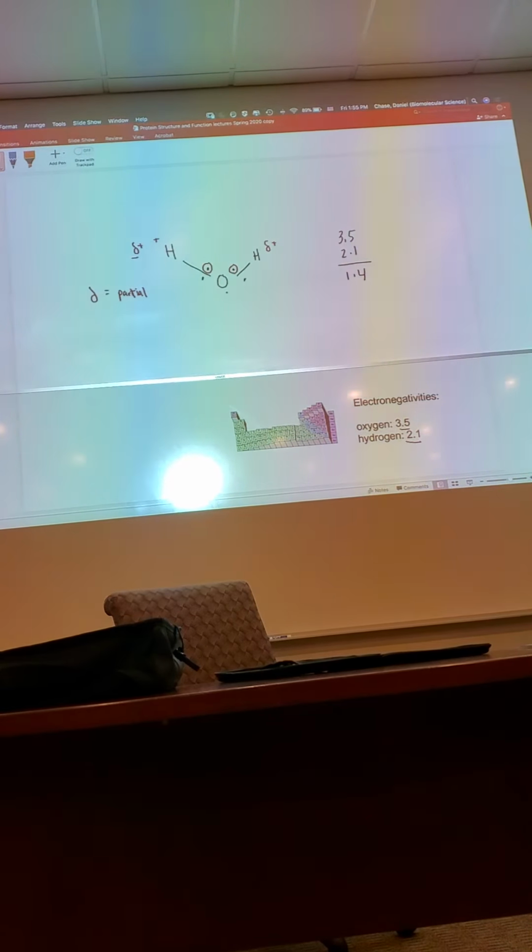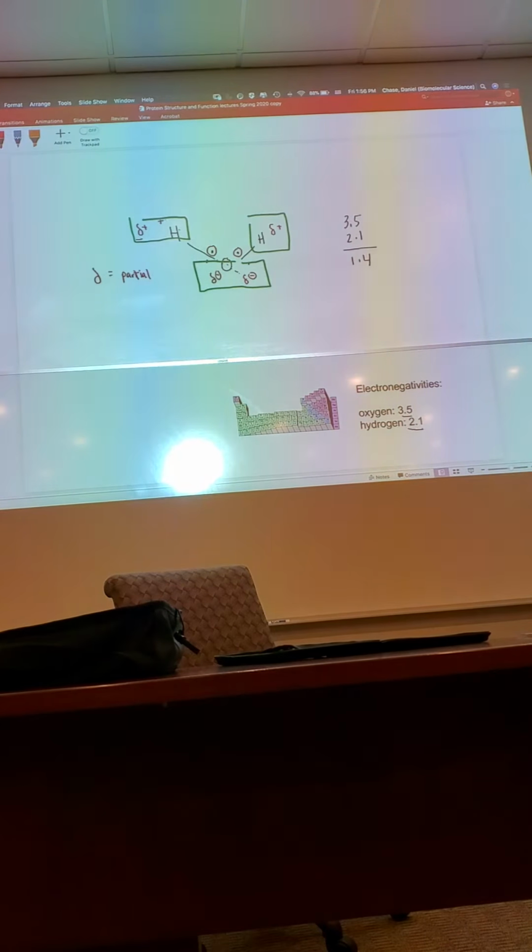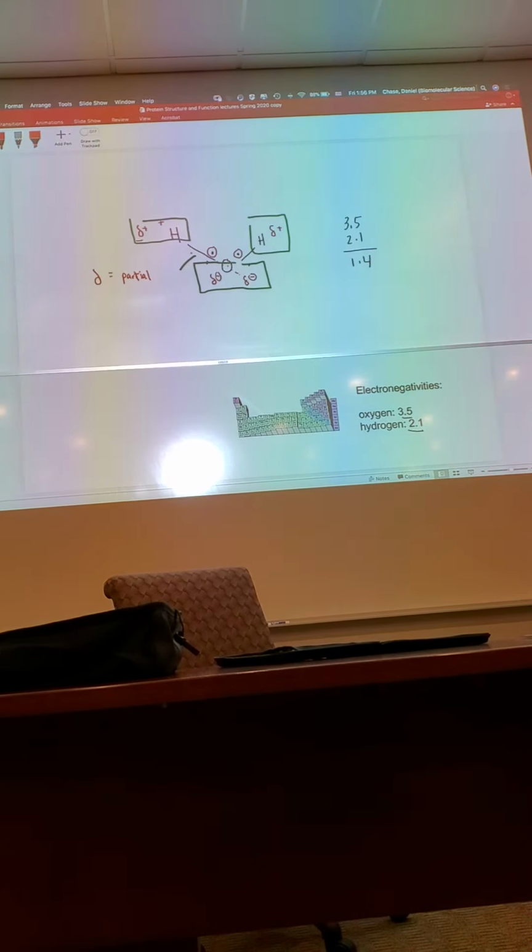So I'm following this bond to the other side of oxygen and putting that partial negative charge there. So this is what water looks like if you could feel its electric potential. It's very polarized. That is, one side of the molecule has one charge, and the other side of the molecule has a completely other charge. So the oxygen has this negative charge on it, and the hydrogens have the positive charge. And that makes the molecule polar, and certainly these bonds are polar.